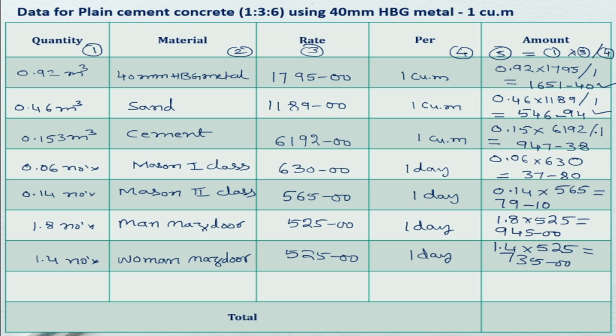From all these values, we get 4,942 rupees 62 paisa.